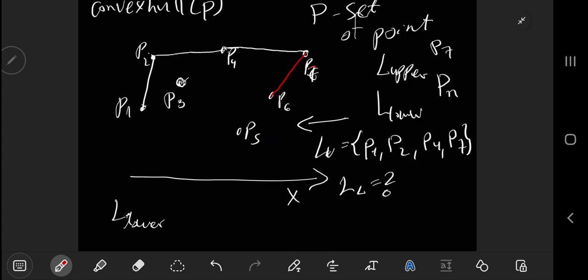Let's move to the next one. This is a straight line, not considered a left turn, so it's okay. Now let's go to P4. Great, this was a right turn, so this is okay. Let's continue from P4 to P3.